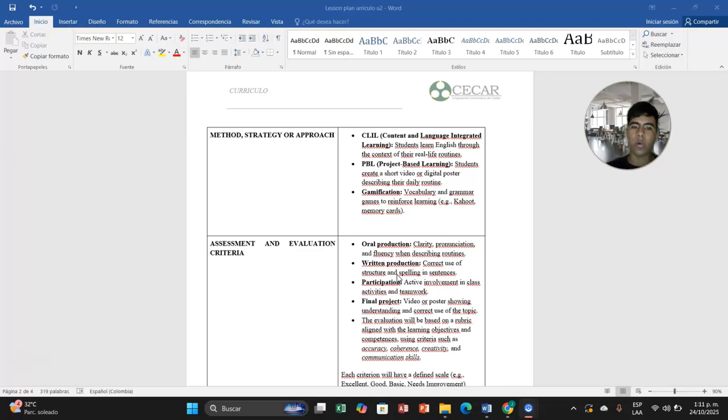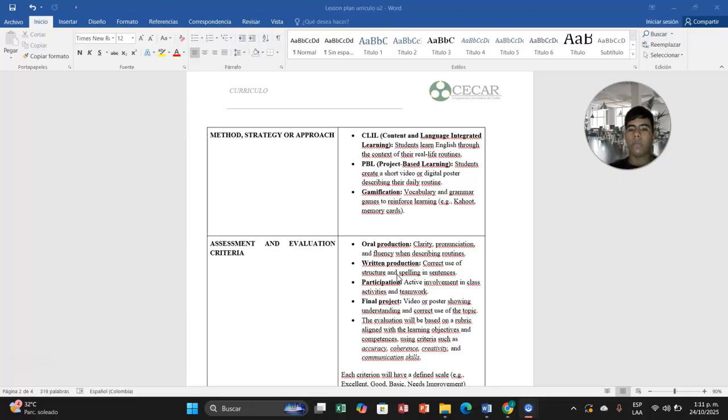Method, strategy, or approach. Well, we're going to start with the first one, which is content and language integrated learning. Students learn English through the context of their real-life routines. This is something that I have always agreed on, which is that when we learn from things that we do pretty often in our daily routine, it helps a lot, because this way students are just going to match the things that they usually do and then switch them into English.